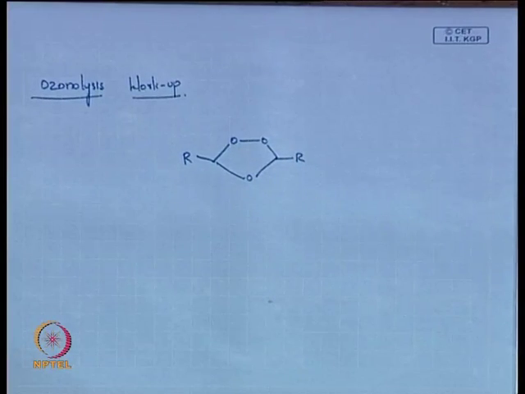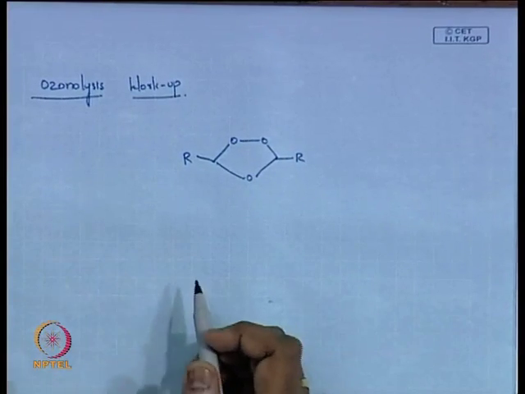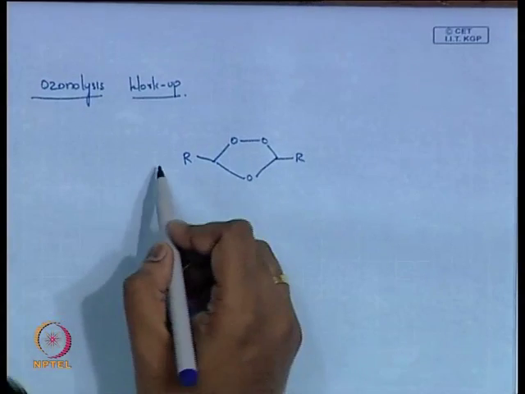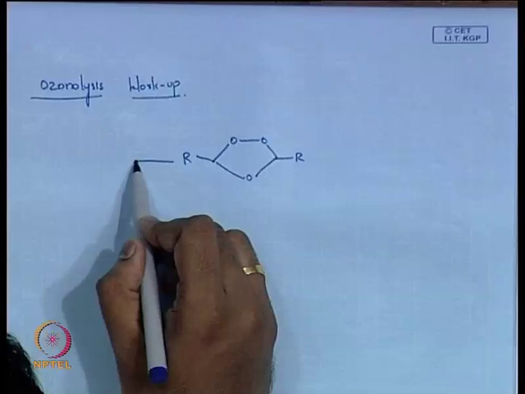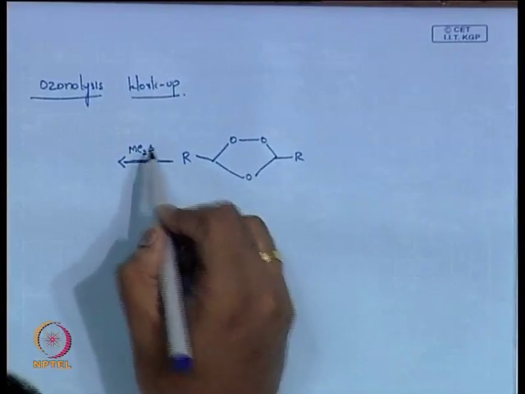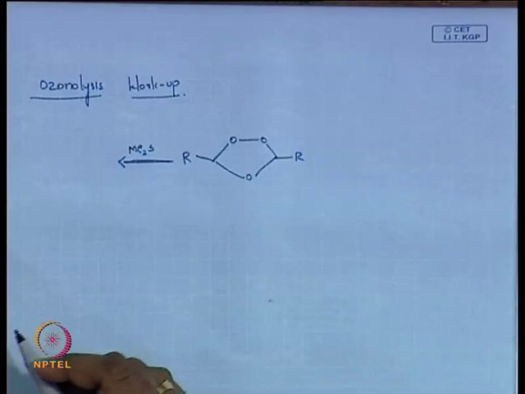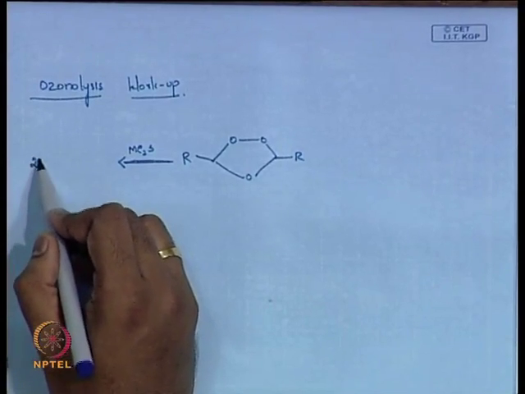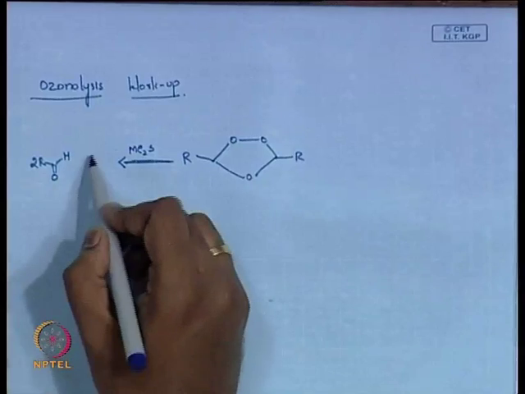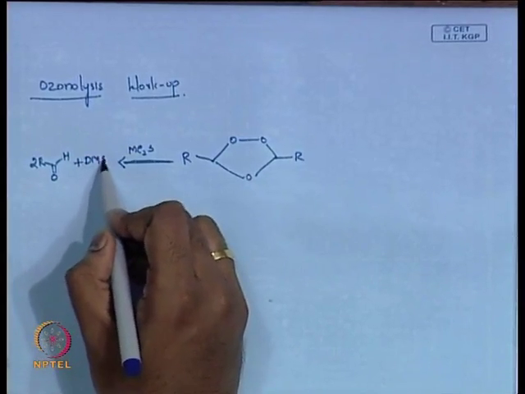Let's study that. Say I can use dimethyl sulfide to work it up. So I will get 2 aldehydes, and I will get my DMSO.